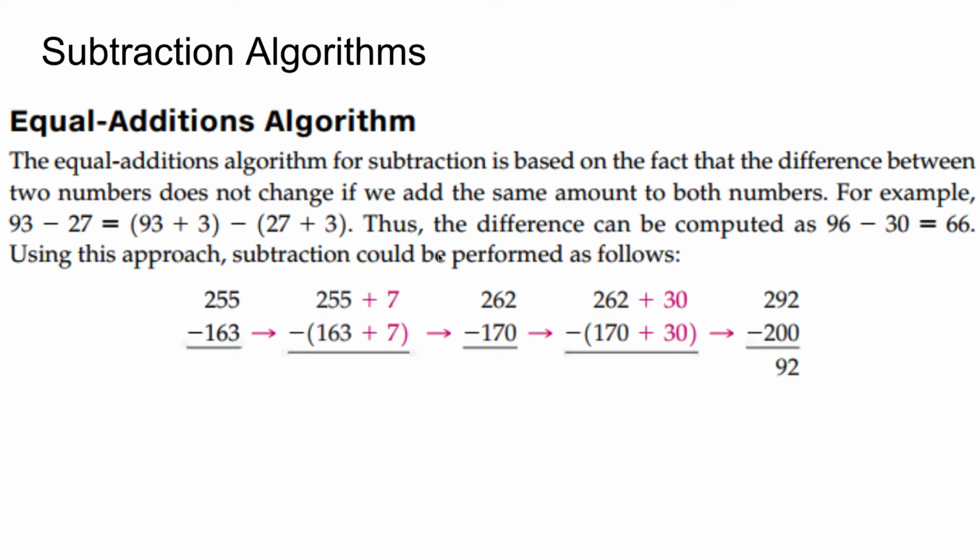Okay, so that's another strategy. So you added 7 here to the subtrahend to get 262 minus 170. Using your common sense, you can think about that too. You are increasing the number you are subtracting. Then you can increase exactly the same amount that you are taking away, right? Then it's gonna be the same. So you have 262 minus 170.